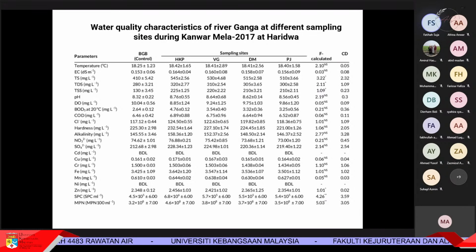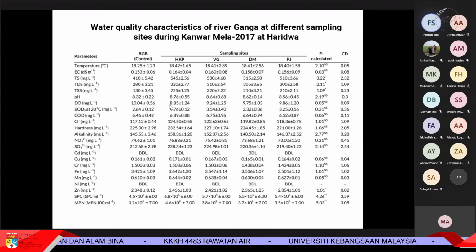This is the quality characteristic that you need to find from the literature. And these are some of the water quality parameters. Water quality is basically based on the physical, chemical, biological, and aesthetic characteristics of water.